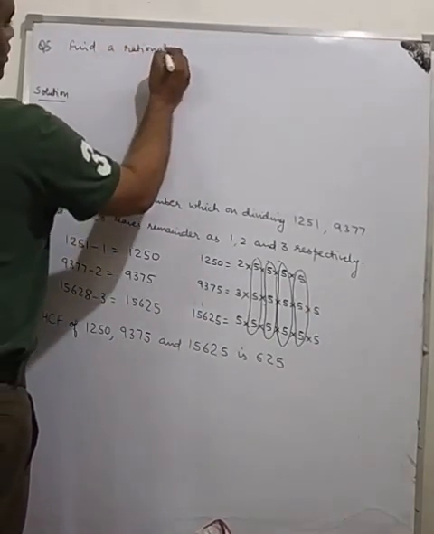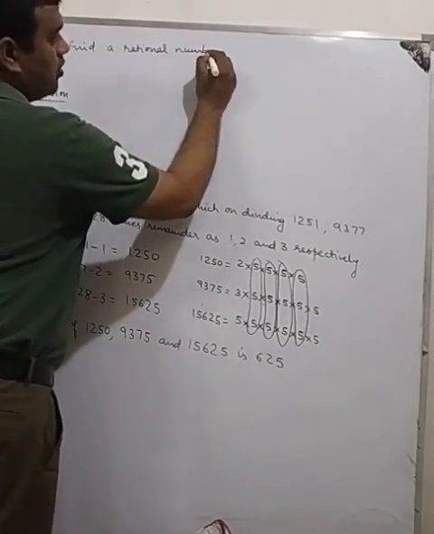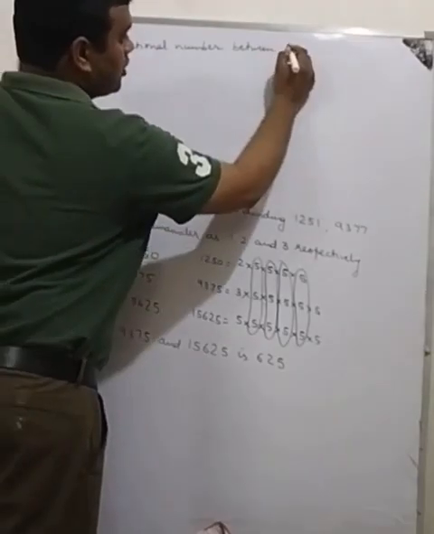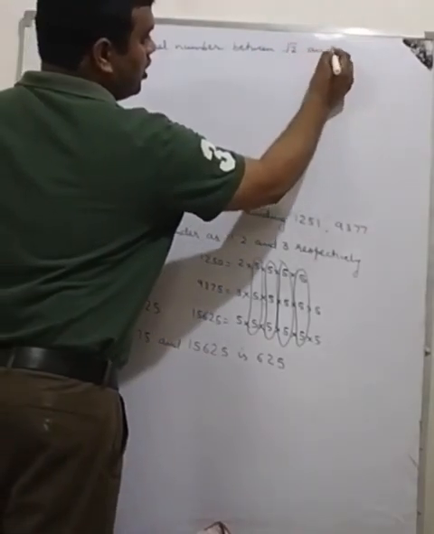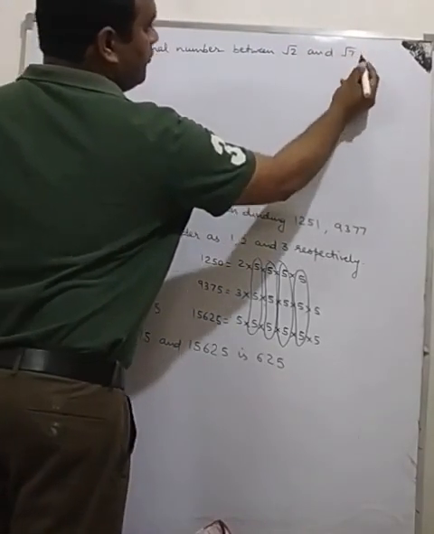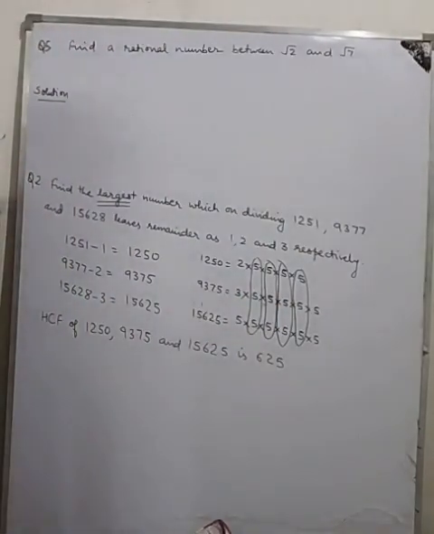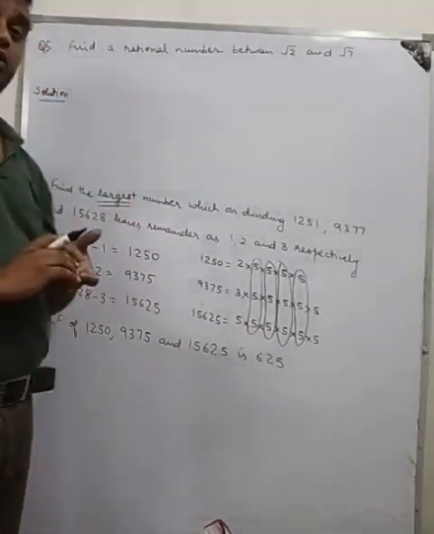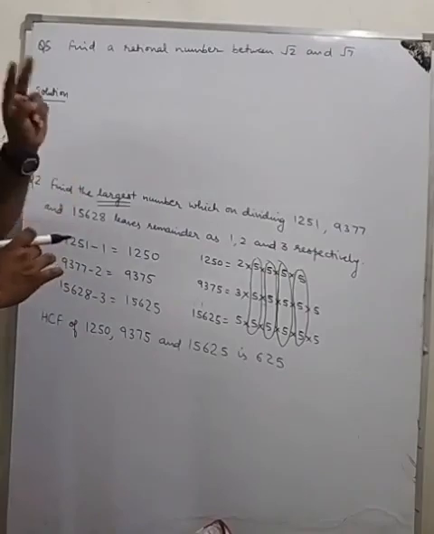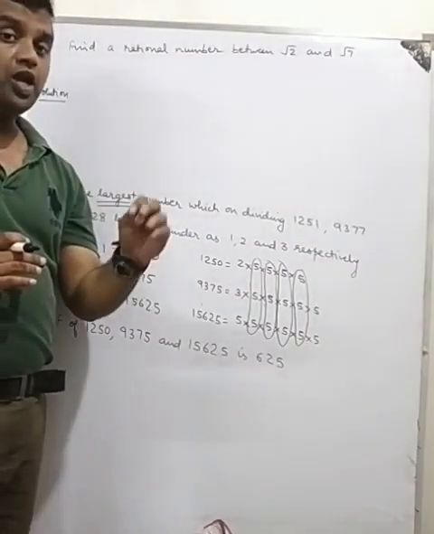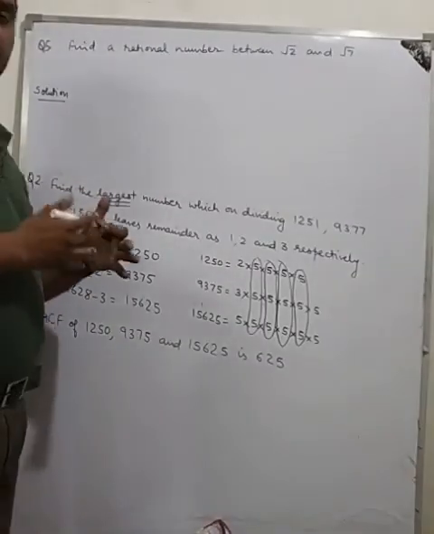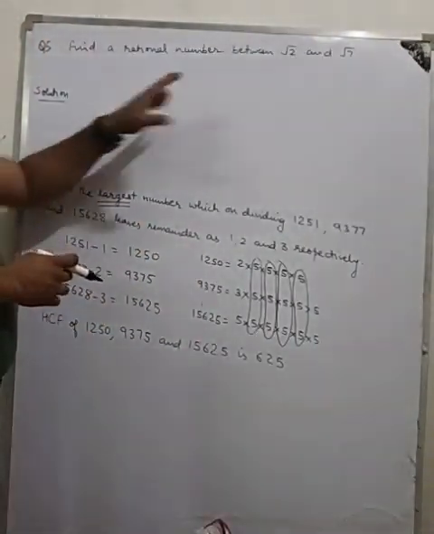So the question is, a rational number means any single rational number. Rational numbers are of two types, terminating and repeating non-terminating. So it's better to choose a terminating type number which is in between.